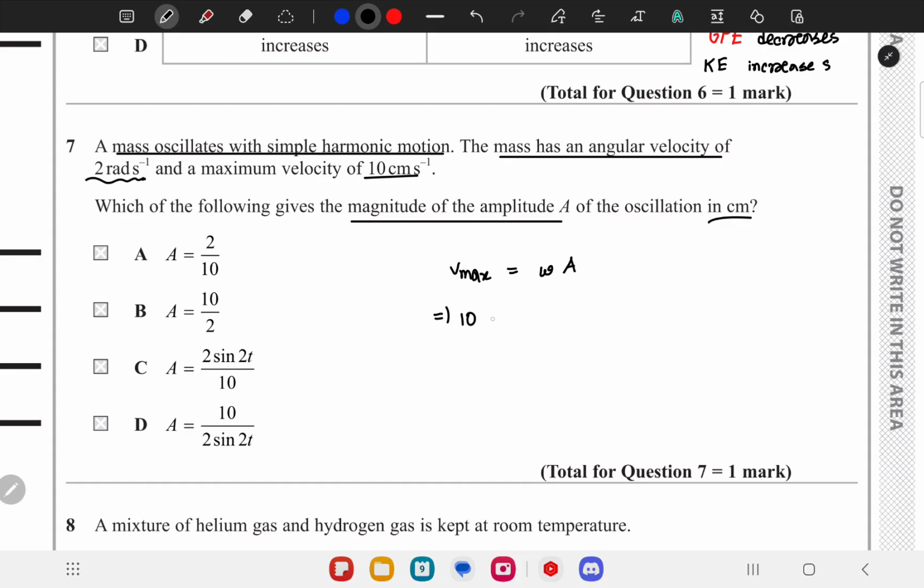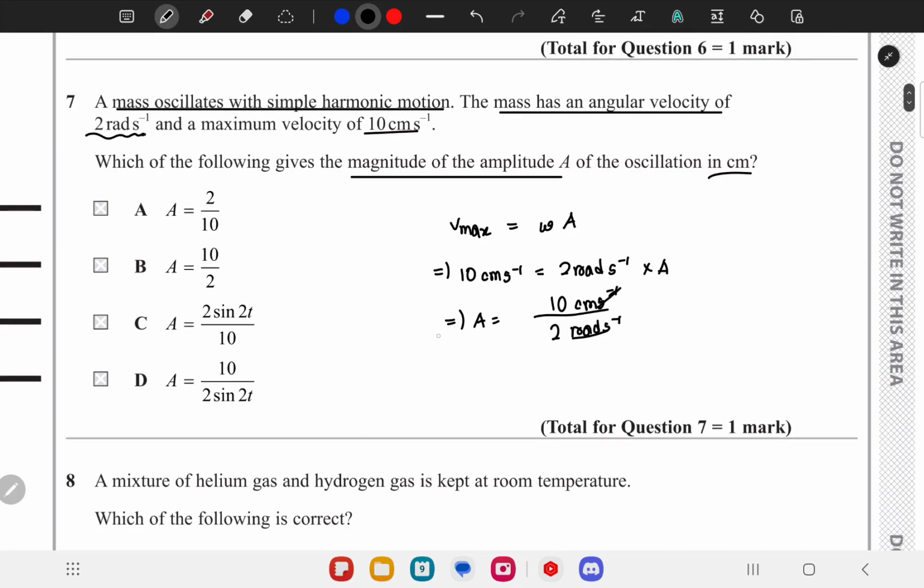So 10 centimeter per second is equal to 2 radian per second times A. So A would be 10 centimeter per second divided by 2 radian per second. We'll get our answer in this form. So A will be 10 by 2 centimeters.